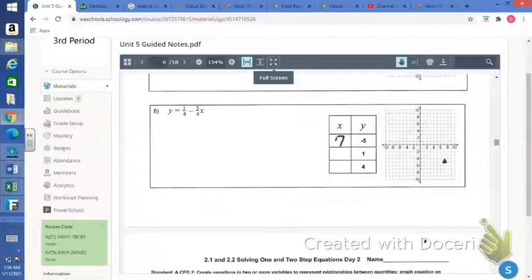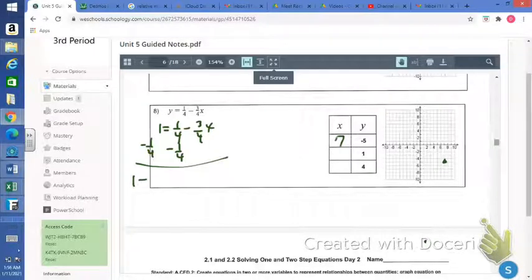Okay. If we plug in 1, so we have 1 equals 1/4 minus 3/4 x. So we're going to subtract 1/4 from both sides. So we have 1 minus 1/4 equaling -3/4 x.